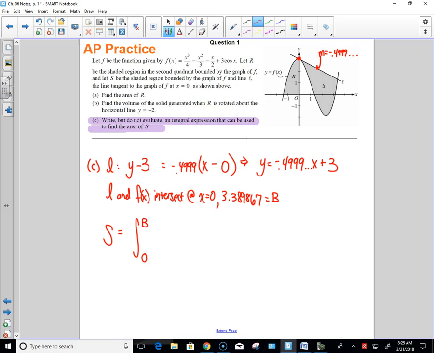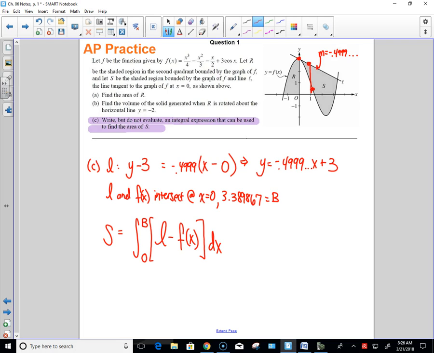Because if you were to find the area, the function itself, I have to get in terms of y. Top minus bottom, I can leave it in terms of x. And so L is on top, and f of x is on bottom. Completely. Why? Because it just says the area of S alone. R was important back here, but we're only dealing with S. Does that make sense?